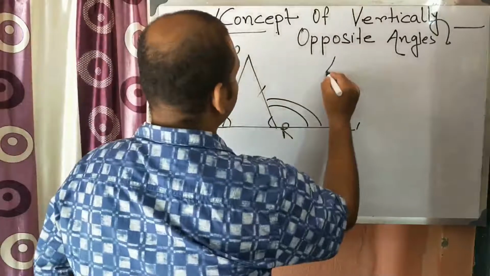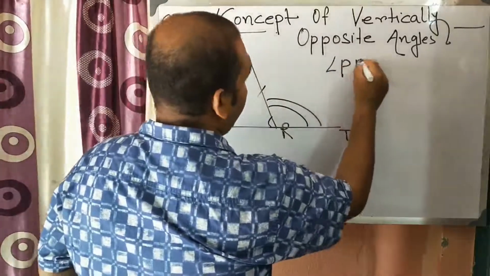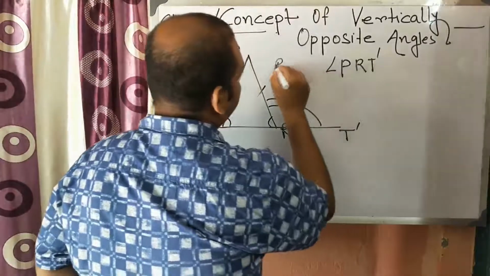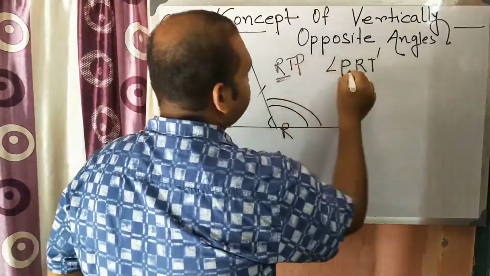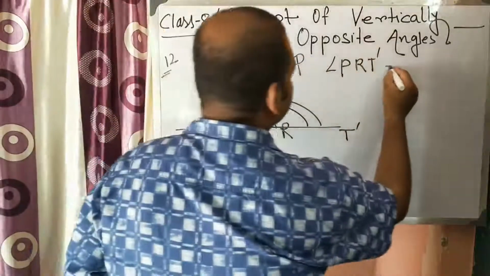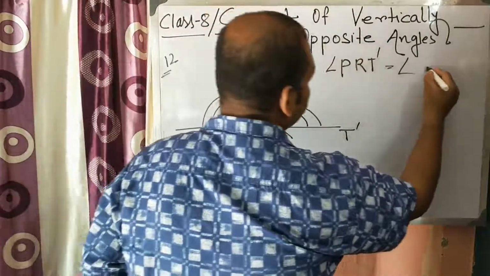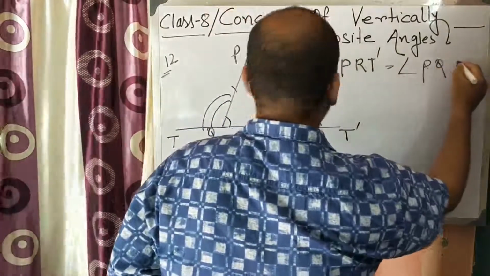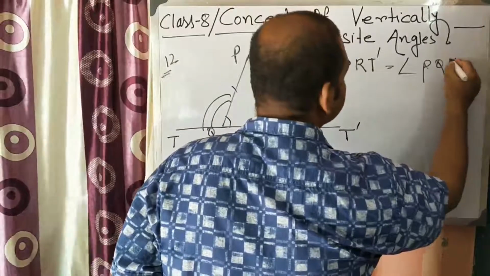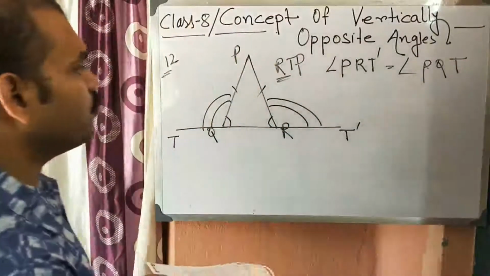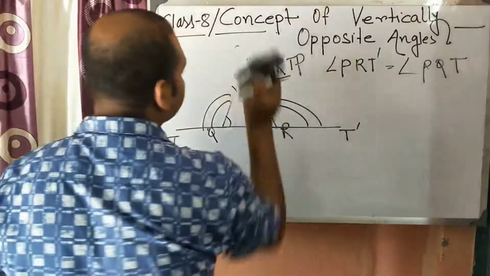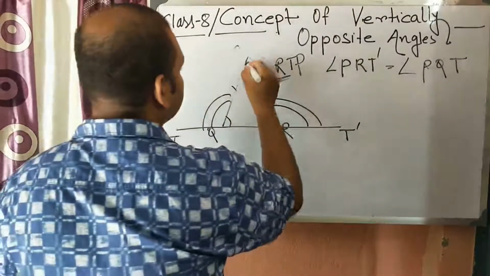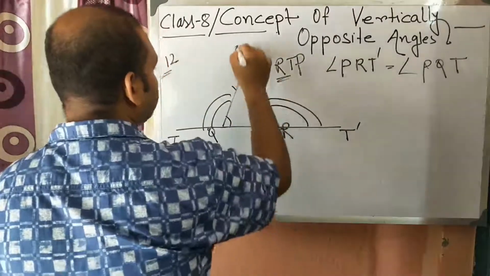So we need to prove that angle PRT prime is equal to angle PQT. Okay, this we need to prove. So what are we given?